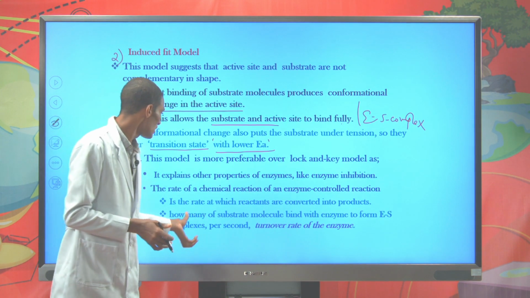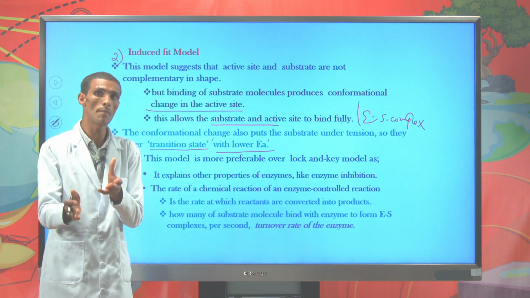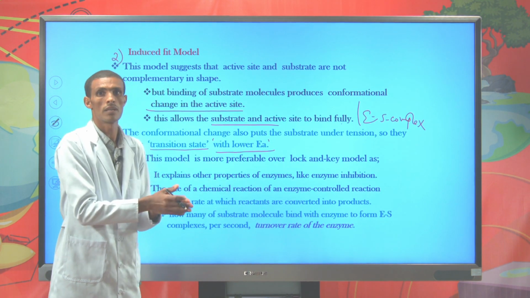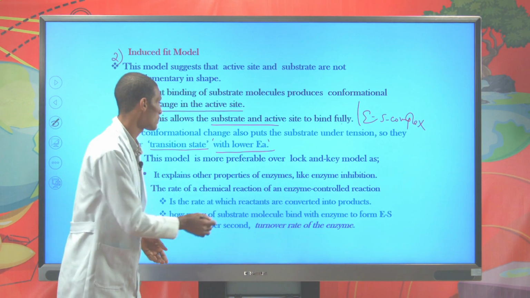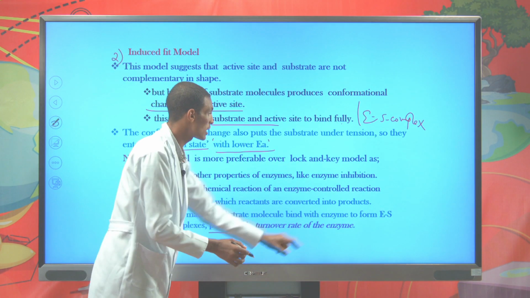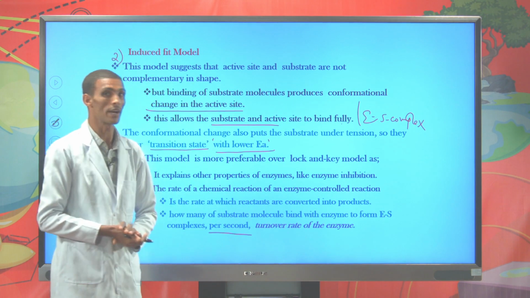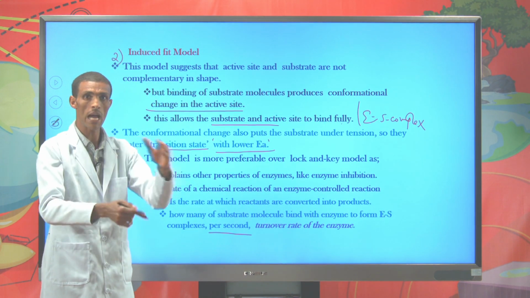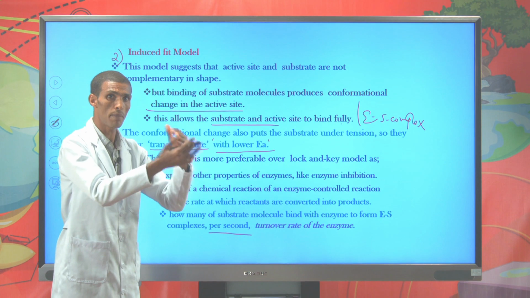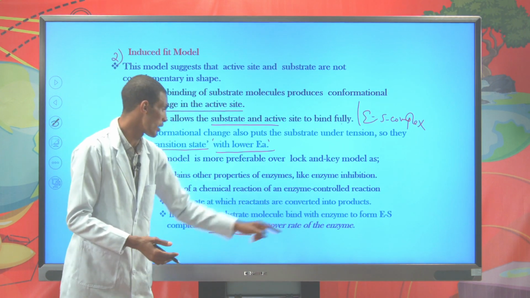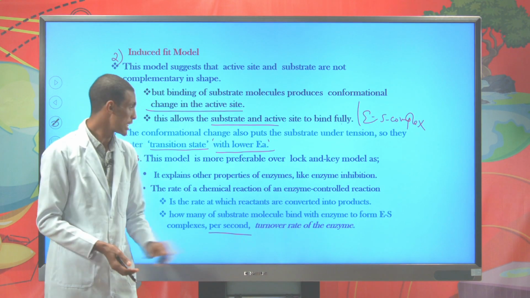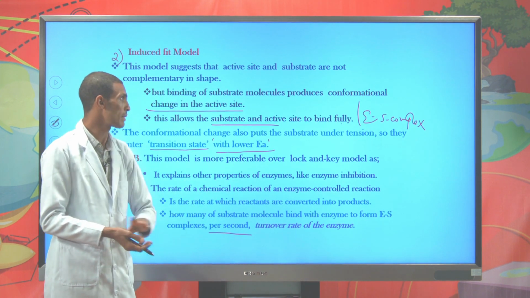And again, how many substrate molecules can bind to an enzyme molecule to form the enzyme substrate complex per second, which determines the turnover rate of an enzyme. The rate at which substrate binds with enzyme and is transformed to product. Turnover rate, a speed determining factor.